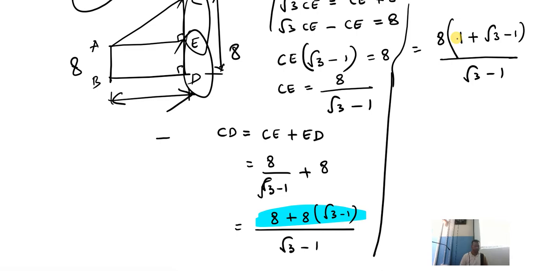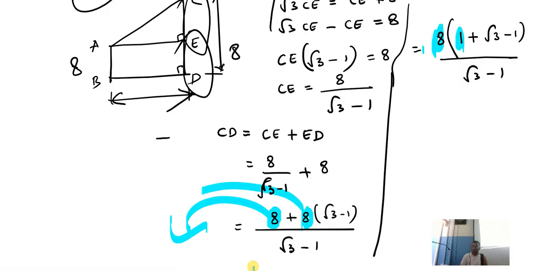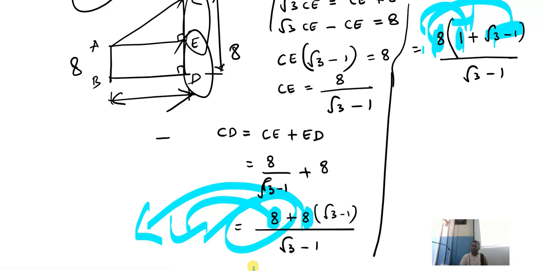Didn't understand? See here. Here we have 8, here also we have 8. So I took 8 common. When 8 came out, 8 into 1 is 8. Already this 8 came out. Then what is left out? Root 3 minus 1. You multiply 8 into 1? 8. Yes. 8 into root 3 minus 1.